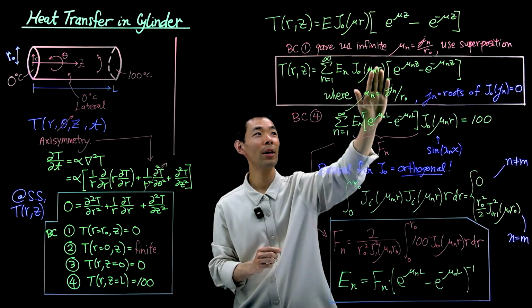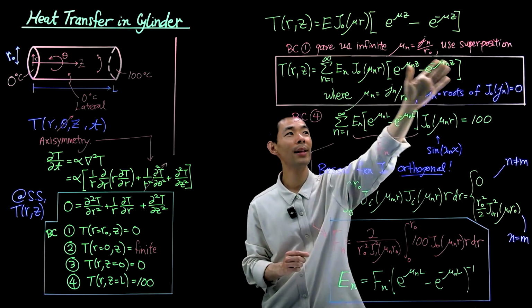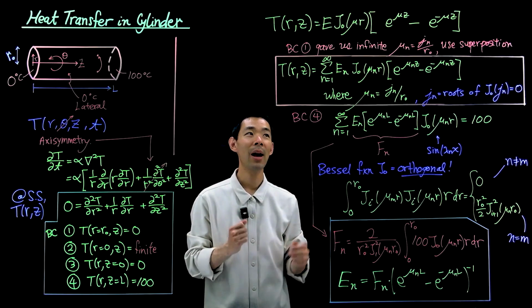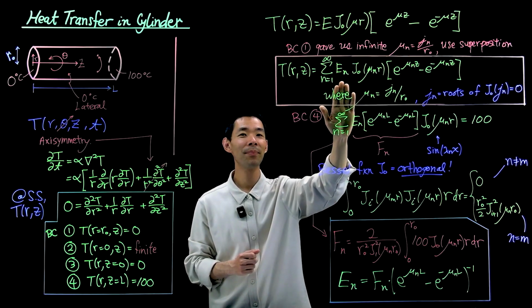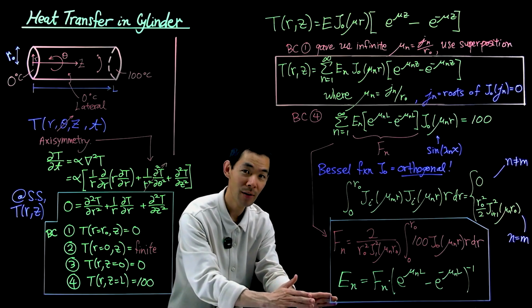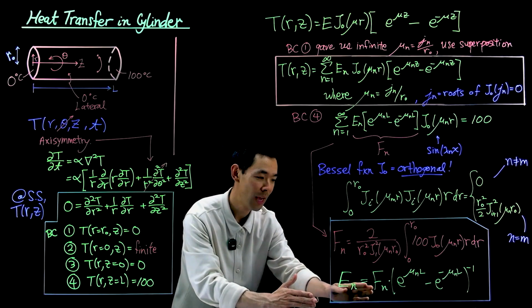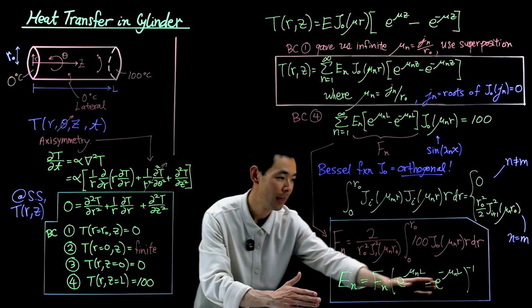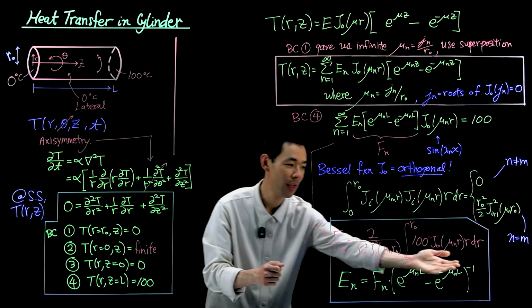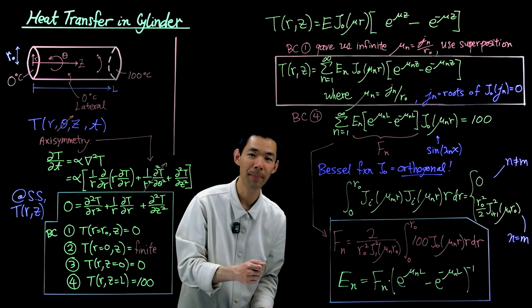That's going to have the r dependence multiplied against the z dependence, which are just exponentials. Now, the coefficients e sub n, we used orthogonality to obtain. That's down here. E sub n is equal to fn divided by this factor right here. I ran out of room, so I just multiplied it inverse. So this should be on the bottom.